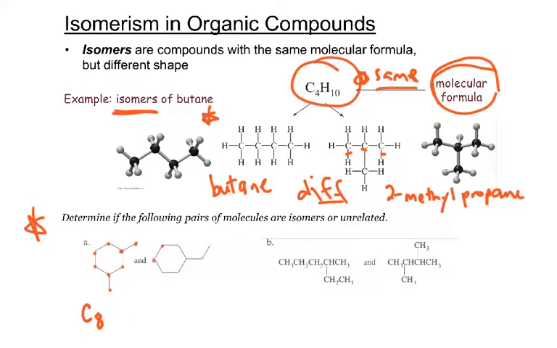1, 2, 3, 4, 5, 6, 7, 8. All right, so the same number of carbons. We'll count hydrogens. I'm just going to use little yellow dashes to represent the invisible hydrogens. 1 through 16.